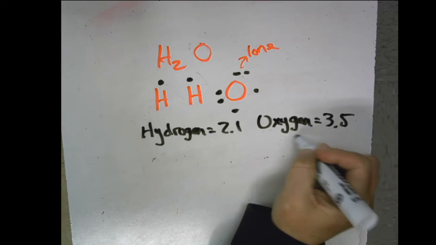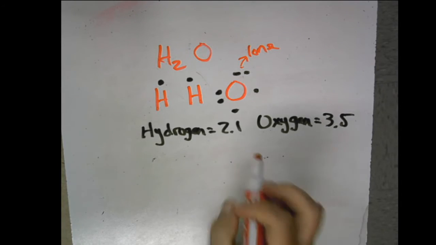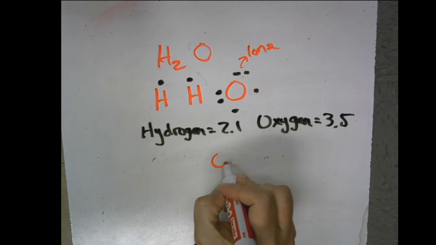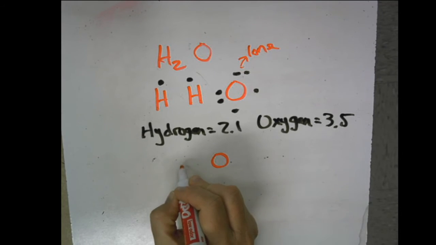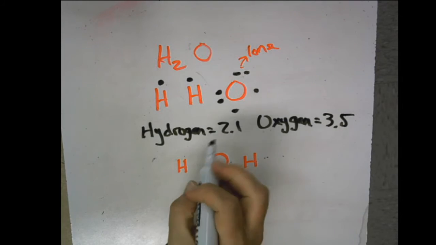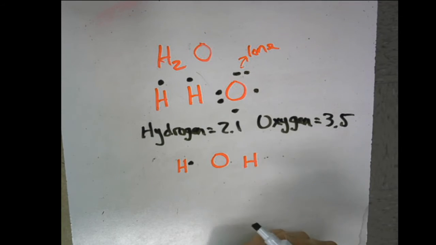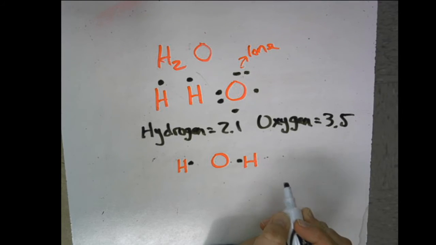So the 3.5 will go in the middle, okay? So we're going to put oxygen here, and then we're going to put hydrogen and hydrogen, okay? And then let's look at our valence electrons. I'm just going to put my hydrogen one towards my oxygen, which will make it a little easier, and I'm going to put this one here.